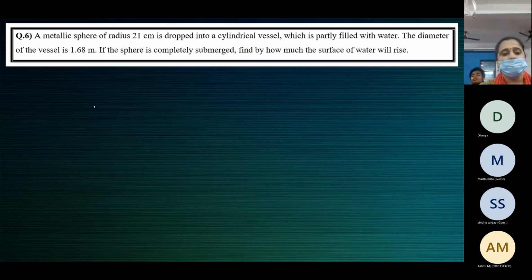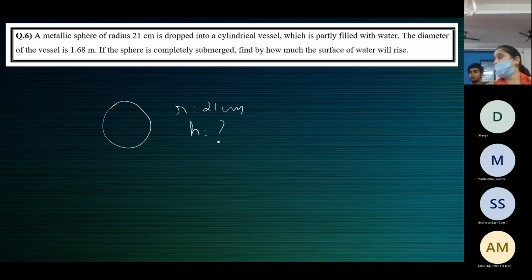What's the height of the sphere? 42 centimeters.